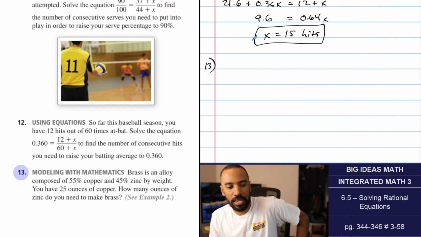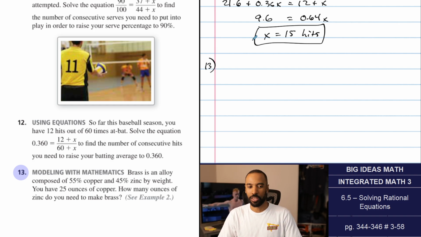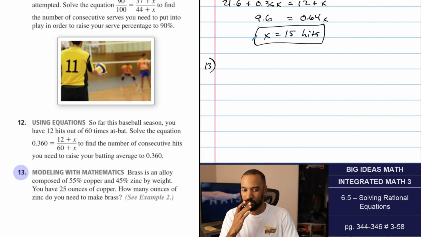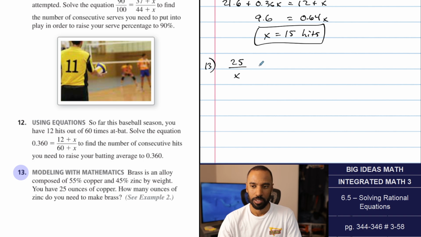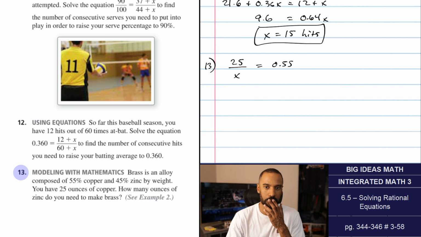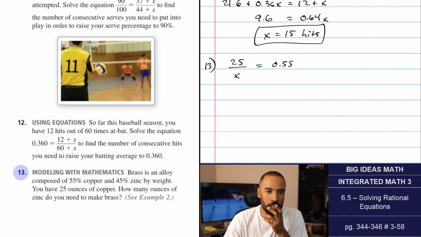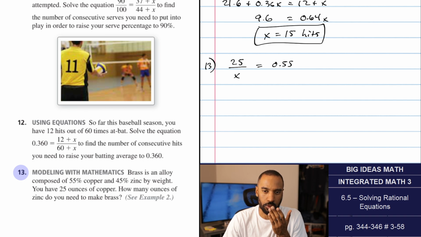I'm overthinking this problem because I want to write it like the other ones, but I feel like I don't actually need to. If I make 25 out of how much I need in total to become 55%... no. Let me think about this with respect to the other kinds of problems that we had, because this is pure copper.